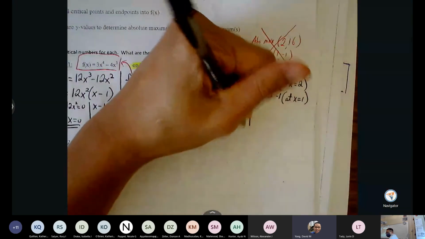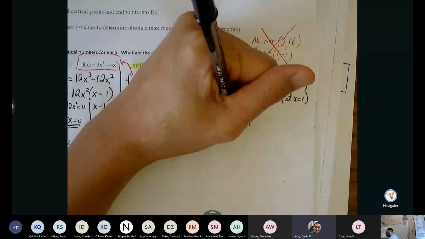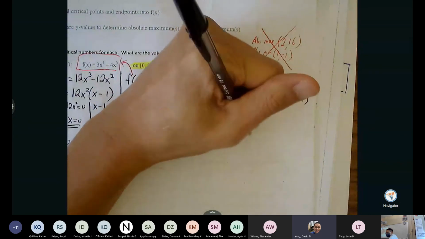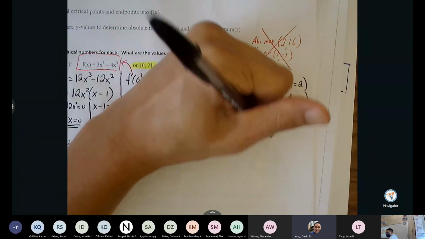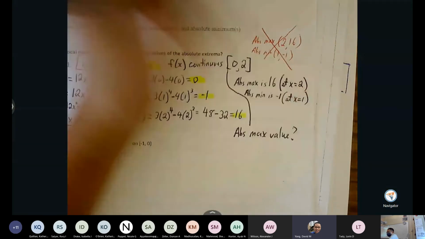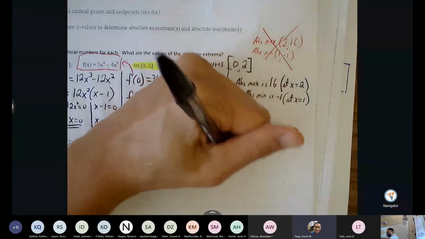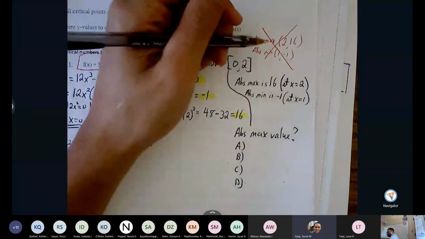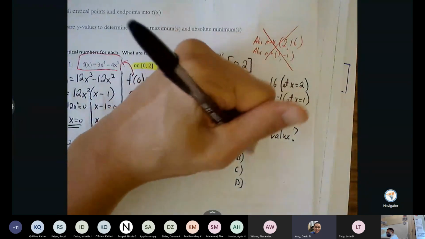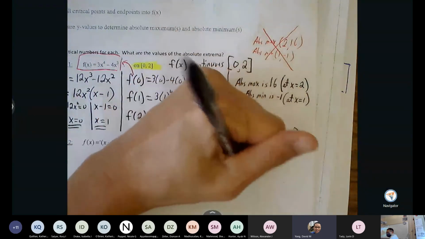So for instance, on the AP exam, maybe they say this, what is the absolute max value? And they give you a couple of options if it's multiple choice. Let's say they gave you an option of -1, 1, 16, or 2.